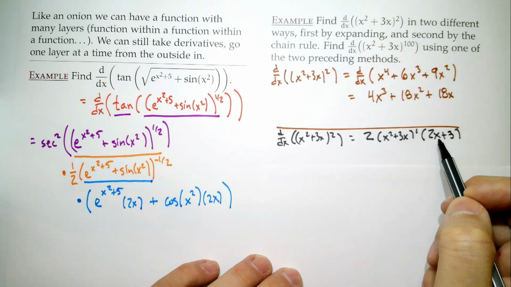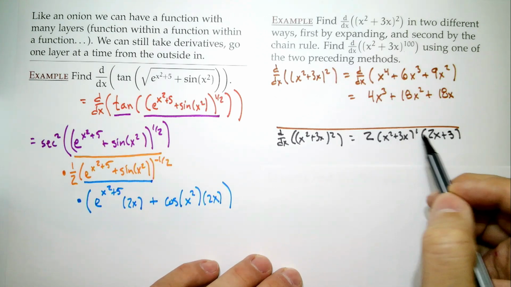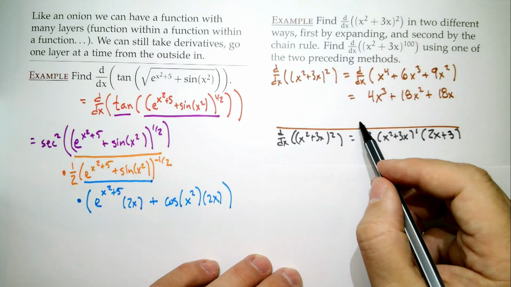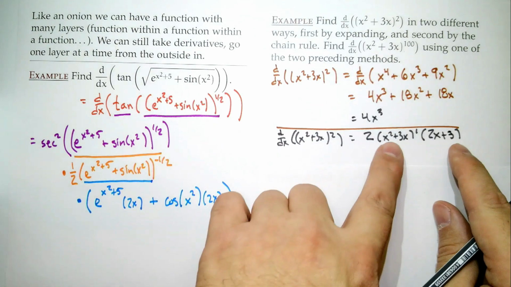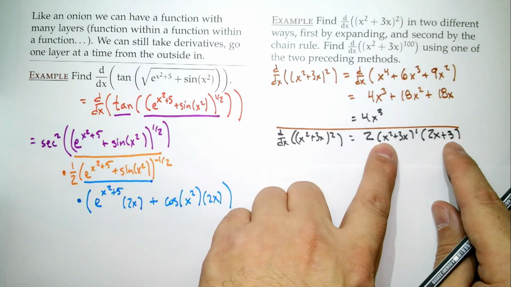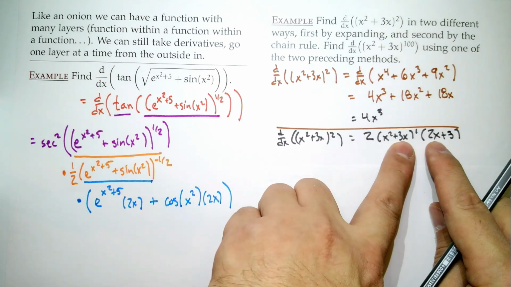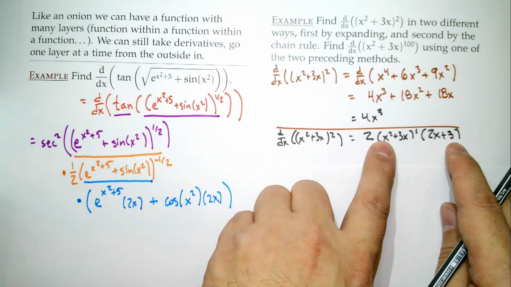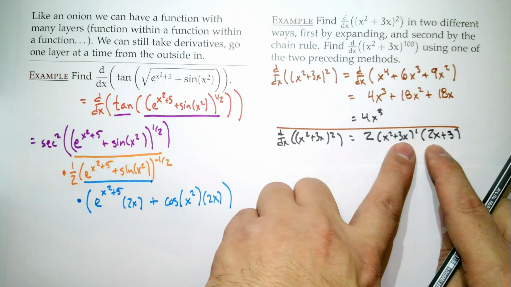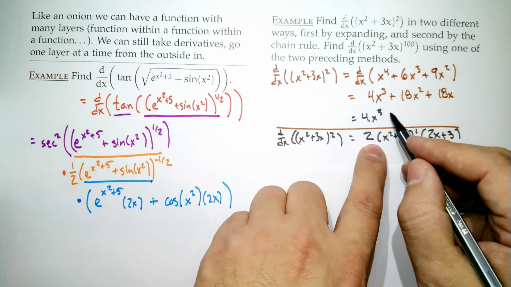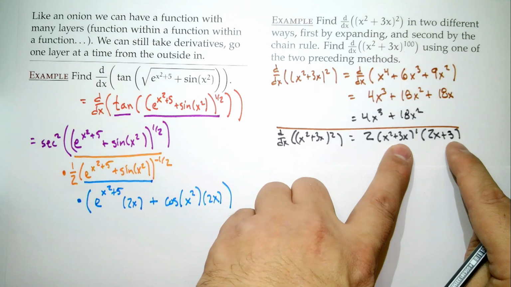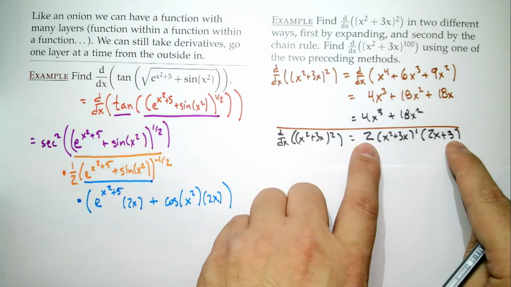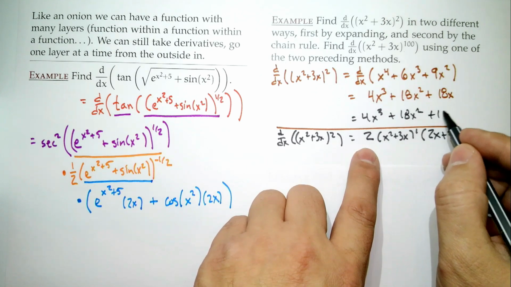Let's actually check. To check if they're the same, let's do some expansion. So x squared times 2x would be 2x cubed, but then there's another 2, so that would be 4x cubed. Then we have x squared times 3, and then plus 3x times 2x. So that's 3x squared plus 6x squared, which is 9x squared times 2. Well, that's 18x squared. 3x times 3 is 9x times 2 is 18x.